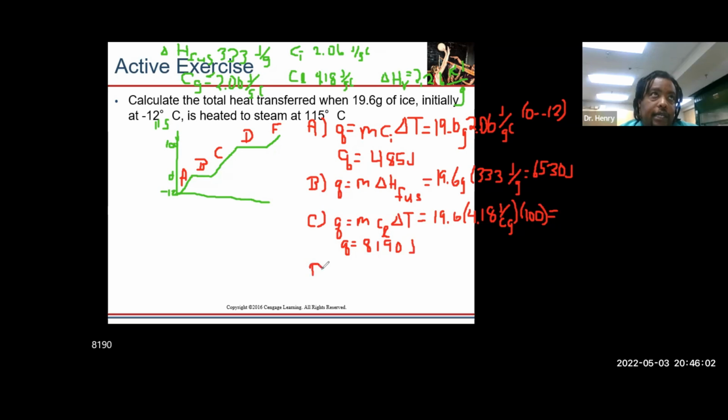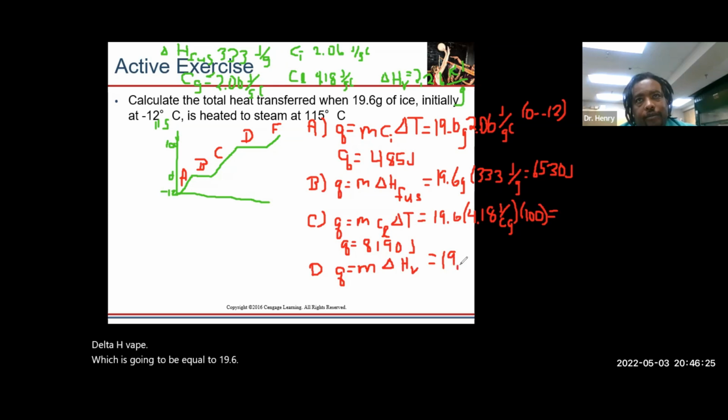And D, which is going to be Q equal to mass delta H vap, which is going to be equal to 19.6. It's bad. I can't read my own handwriting.